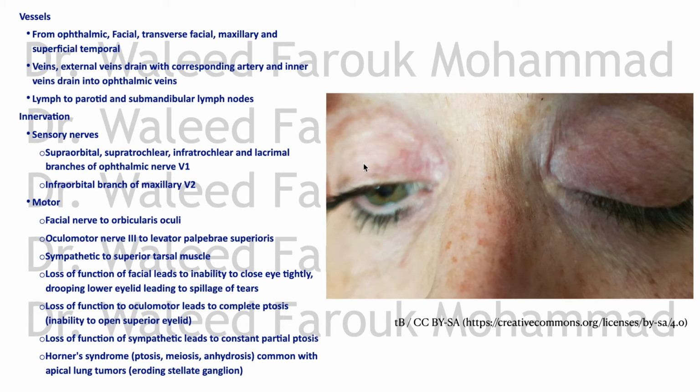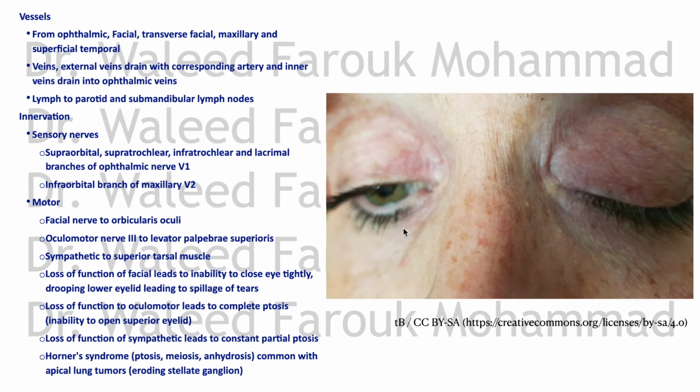Which means that the inferior eyelid will sag, and the tears will accumulate in the inferior eyelid and spill, causing a spillage of tears. Okay, and of course, if it continues without care of the eye, there will be corneal ulcerations because it's always exposed to the outer environment.